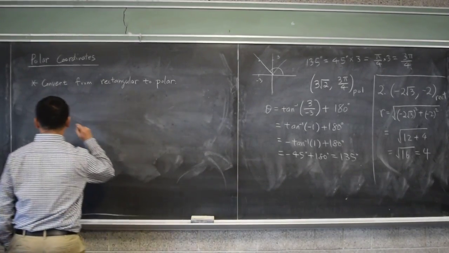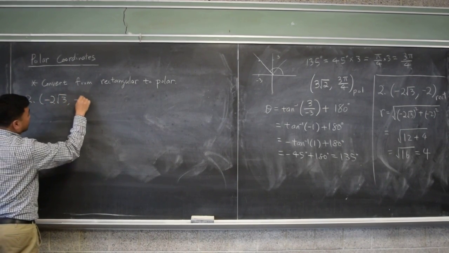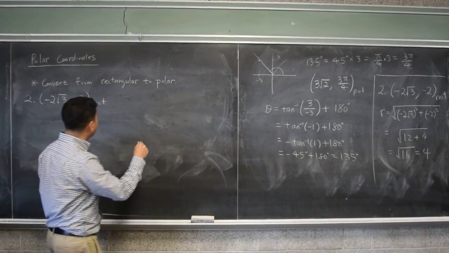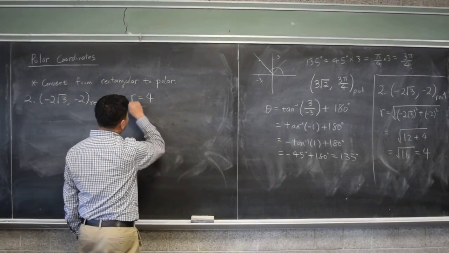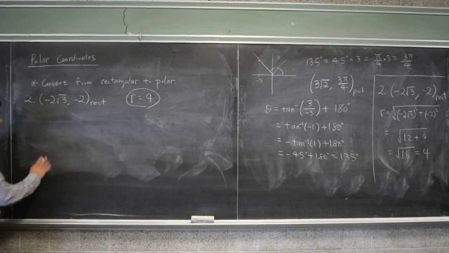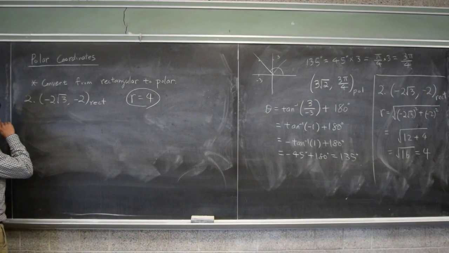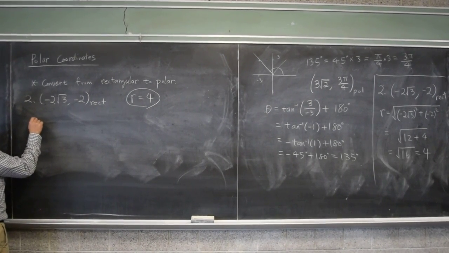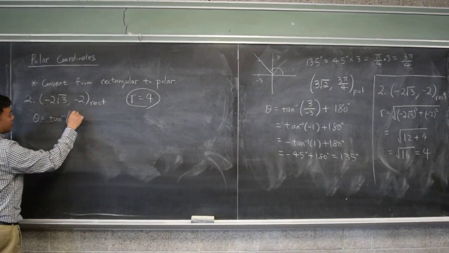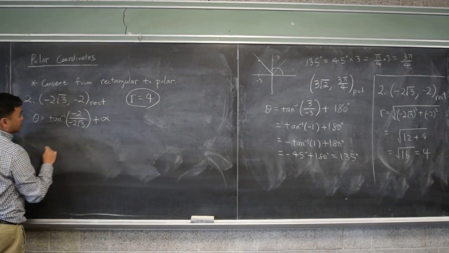So we're still at question number 2. Negative 2 radical 3, negative 2 rectangular. I want to change this to polar, and we just figured out that r is 4. That calculation is done over here. Now for the angle, well, if you try to use the tangent inverse thing, theta is tan inverse of negative 2 over negative 2 radical 3 plus alpha.